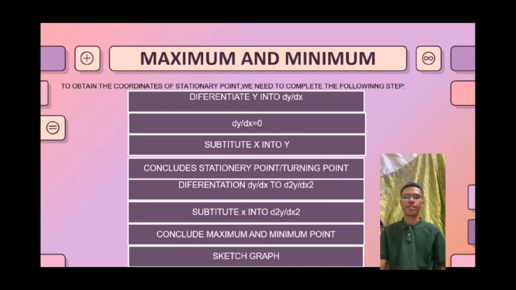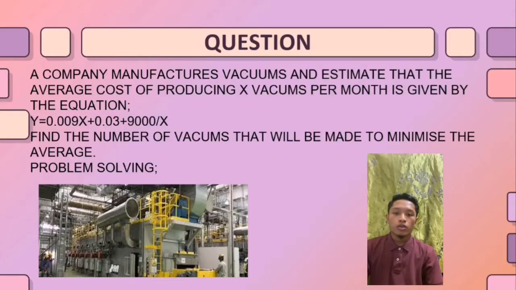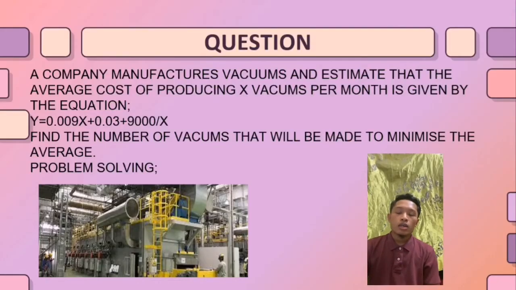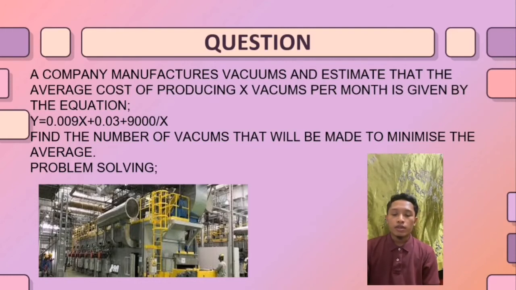Step 5 is differentiate dy per dx into d square y per dx square. Step 6 is substitute x into d square y per dx square. Step 7 is conclude maximum and minimum point. For the last step is sketch the graph. So we proceed to the question and the problem statement.